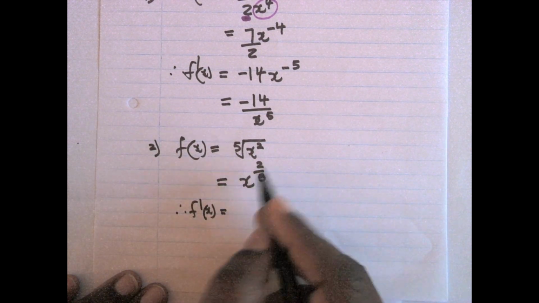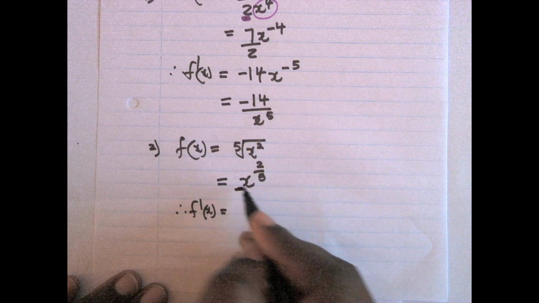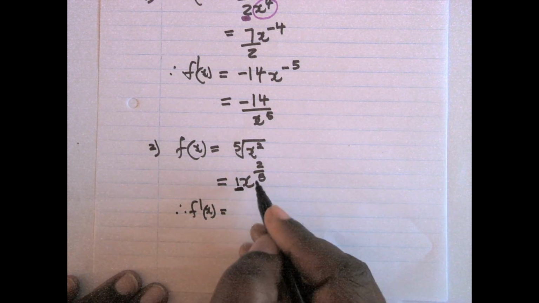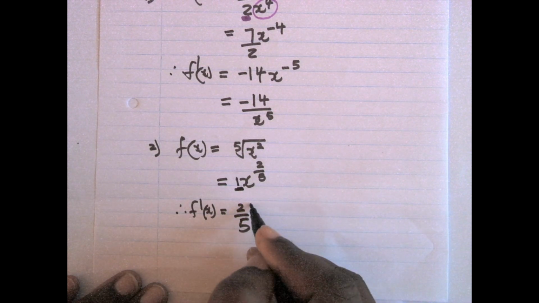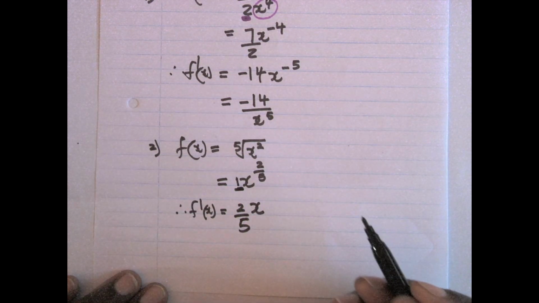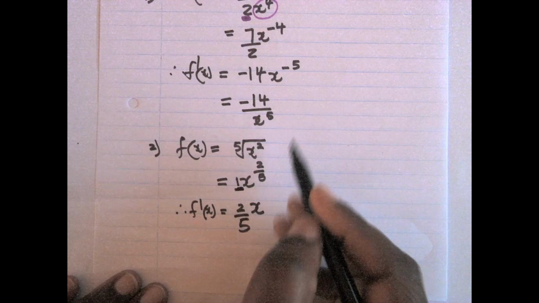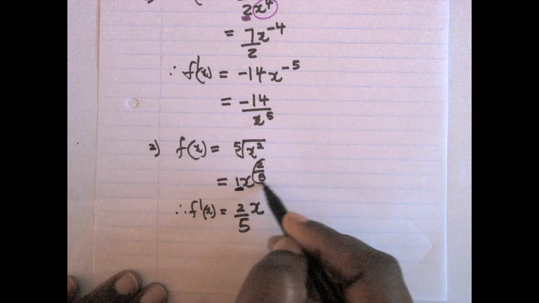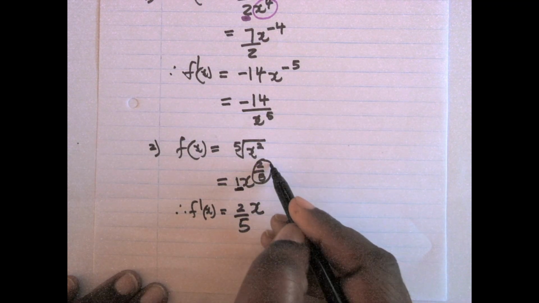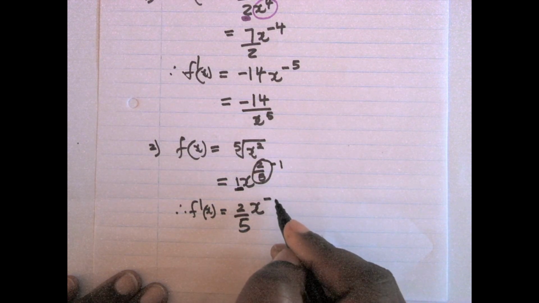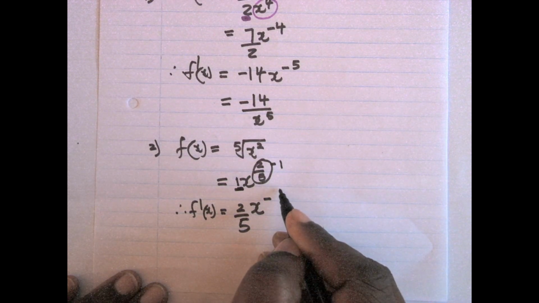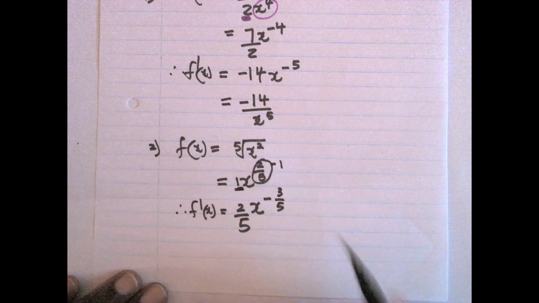And in order to apply our rule, the coefficient here is 1, so we multiply here by 1 and we get 2 over 5 x to the power of what? Remember what we said, this must be reduced by 1. And if we reduce this by 1, we are going to get x to the power of negative 3 over 5.